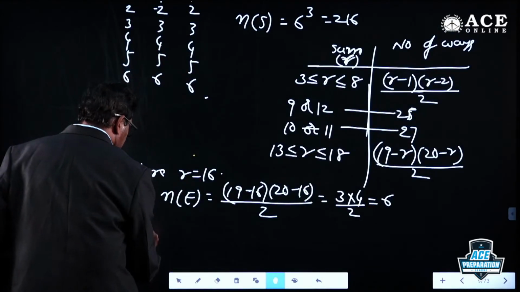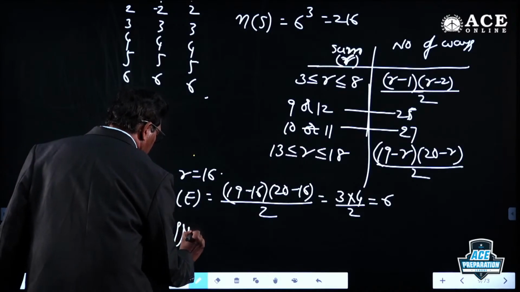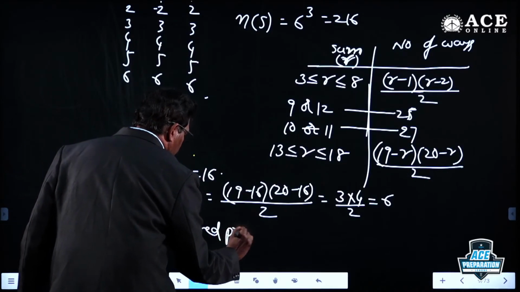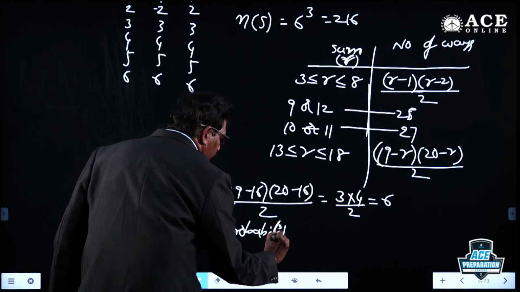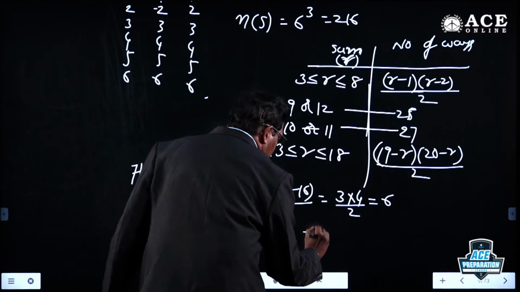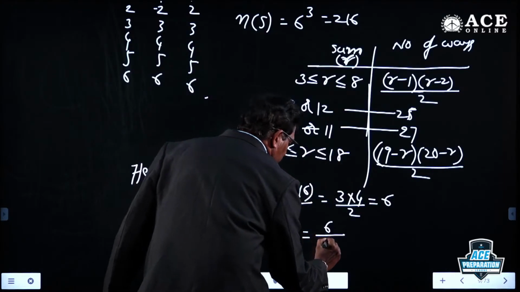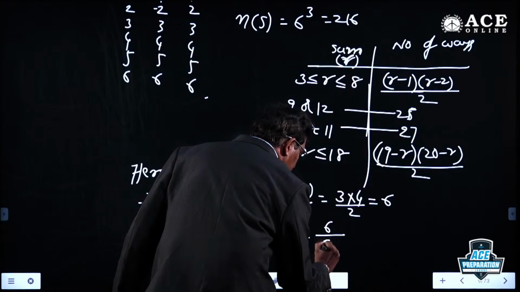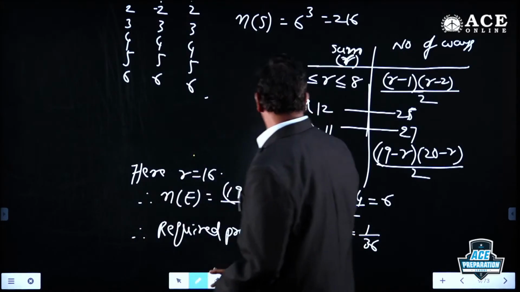Therefore, the required probability is n of E by n of S, that is 6 by 6 cube, which is 216. 6 by 6 cube gives 1 by 36 as the answer.